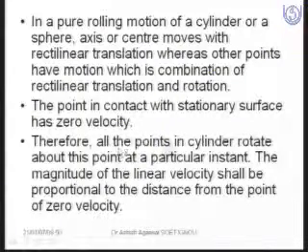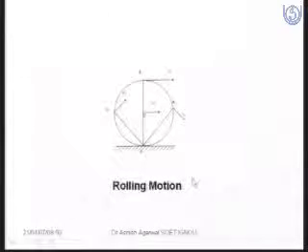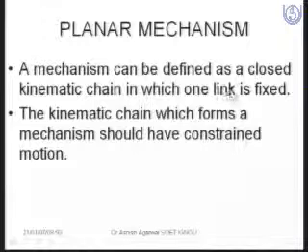Therefore, all the points in the cylinder rotate about this point at a particular instant. The magnitude of the linear velocity is proportional to the distance from the point of zero velocity, and all these velocities are perpendicular to this axis.